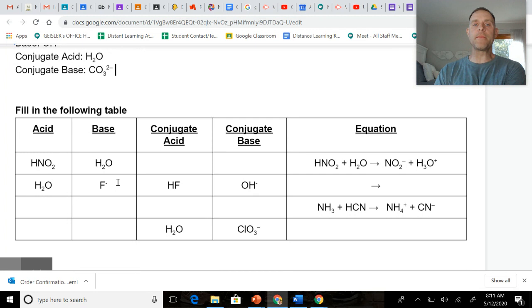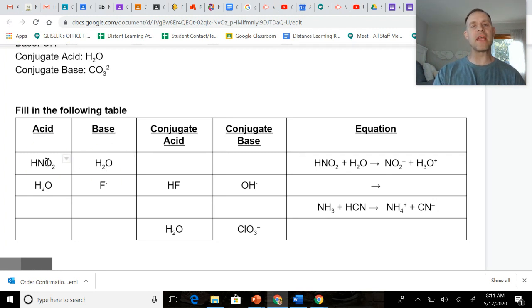Now, one last thing on the sheet. It's the same thing, but it just says, okay, fill in the table. So on the right, here's your equation, right? And I told you on this one, here's your acid, here's your base. What's the conjugate acid? What's the conjugate base? Well, remember, acids are rich, bases are poor. Acids donate H pluses, bases borrow H pluses.